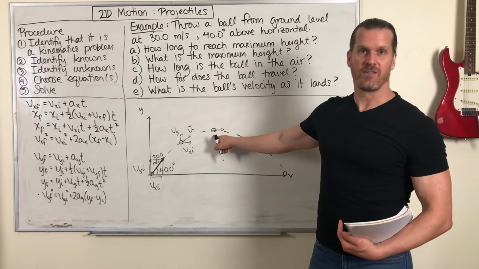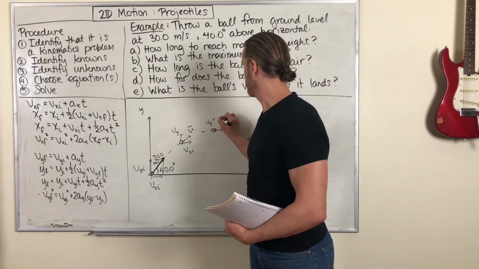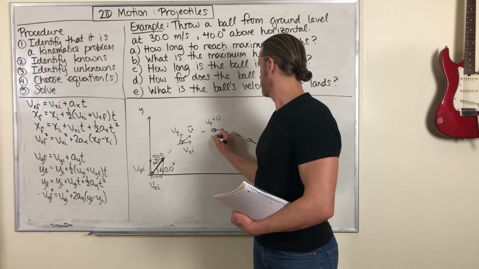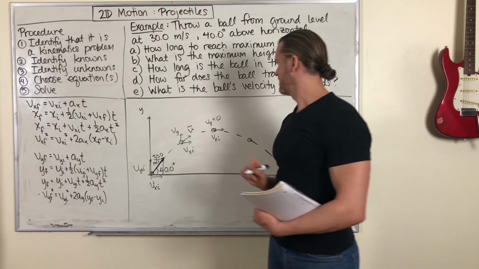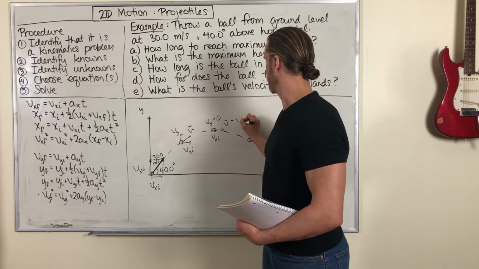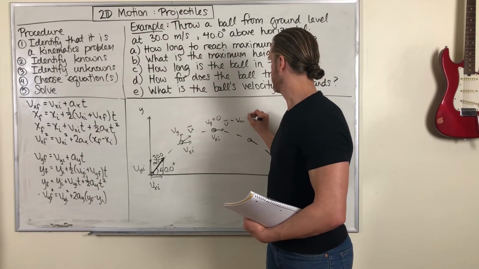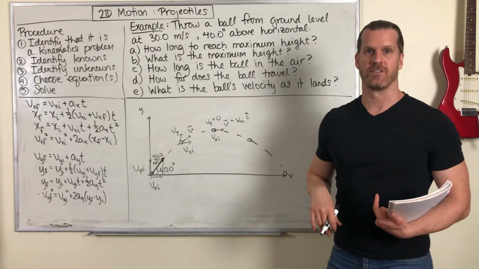And at this peak, at this maximum height, Vy is 0. And Vx is still that initial value, and the overall velocity is just Vx in the x direction, the I hat direction.